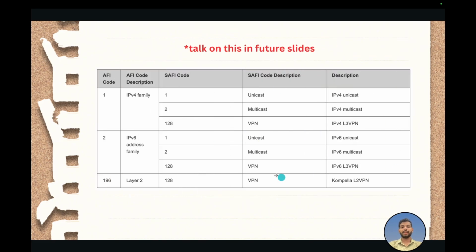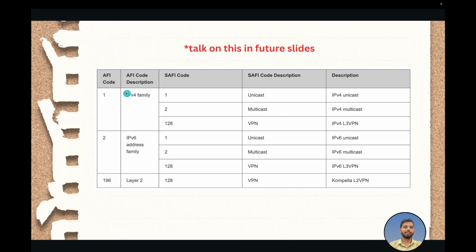So this is very important stuff for BGP, although we'll talk about it in future slides, just to give you an overview. Whenever we send BGP updates, on those updates we have an address family identifier and a subsequent address family identifier, which people also call AFI and SAFI. For AFI 1, which means the IPv4 family, with SAFI 1, the address is IPv4 unicast.